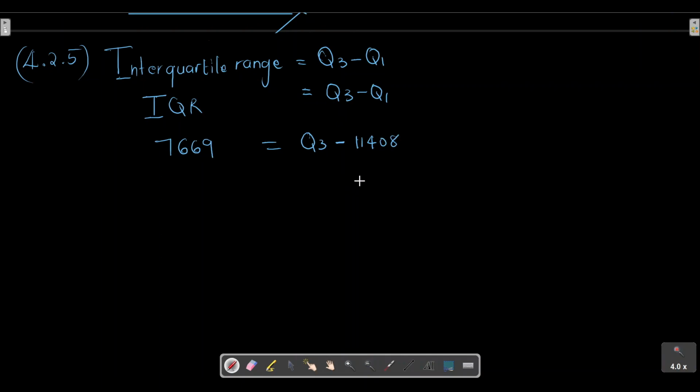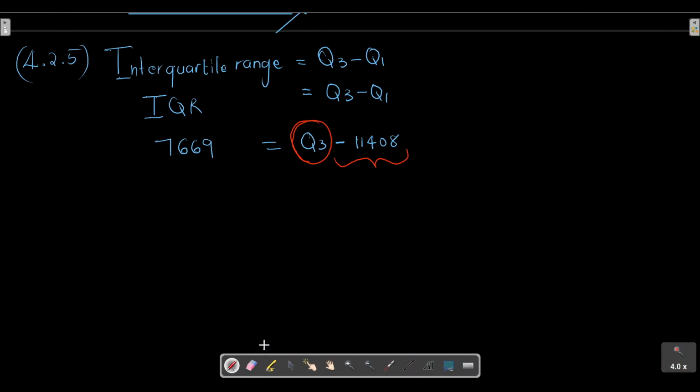So how are we going to solve for our Q3? That is what we want. If you want to find what Q3 is, we want to isolate it. We want this value to be alone on the right-hand side. How do we do that? We are going to do the inverse of subtraction. What is the inverse of subtraction?